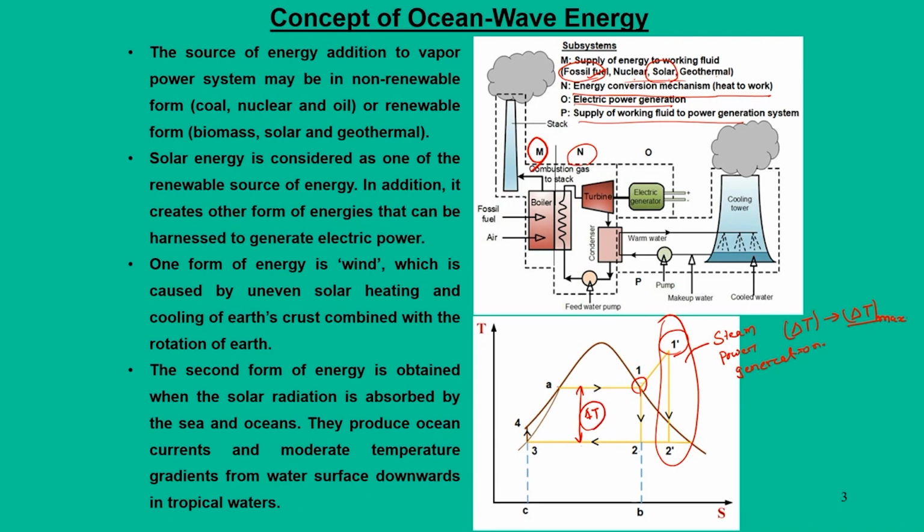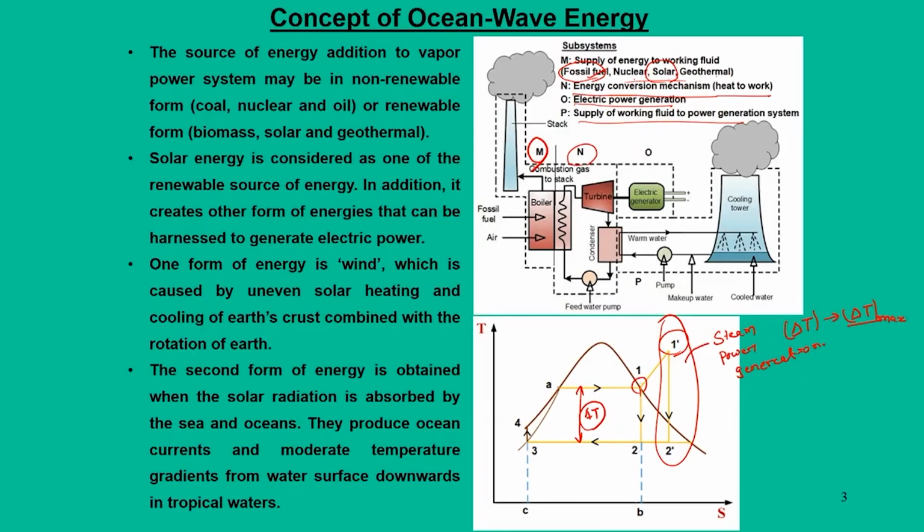So, typically this delta T is lower, and that is the reason we call this a low temperature cycle. But both of them fall under the common roof called the Rankine cycle.